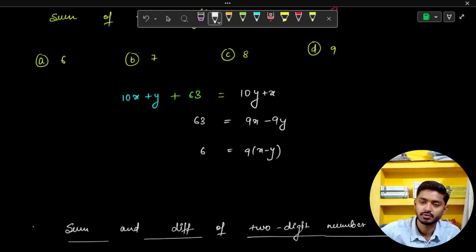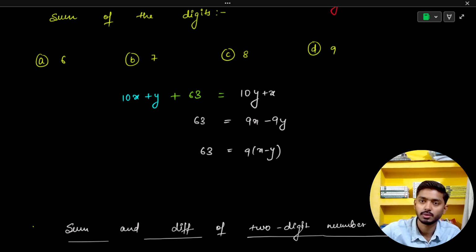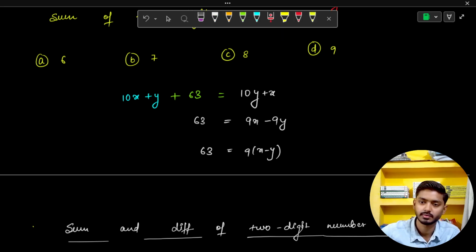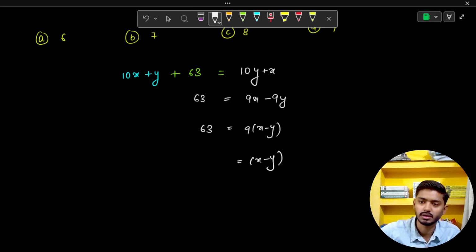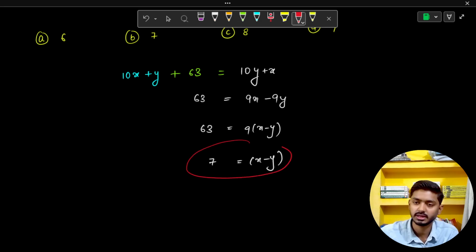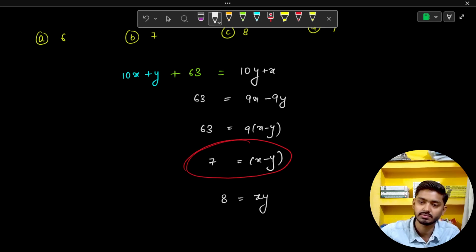That would be 9 open bracket x minus y close bracket equals 63. So x minus y would become 7. Alright, so we have gotten x minus y equals 7, and we as well were given xy to be 8. We were given the product to be 8, right? Over here.